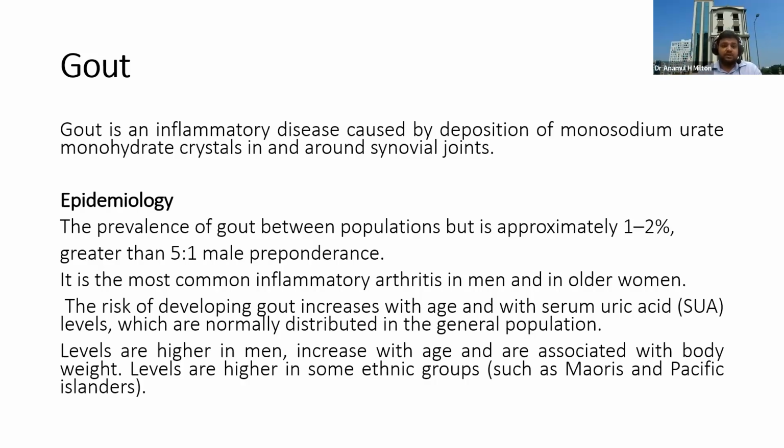After that, if it is continuous, and despite regular medication the uric acid keeps increasing, then at that time you consider gout. So at least two or three times you should find hyperuricemia, and after that you can consider it as the disease gout.